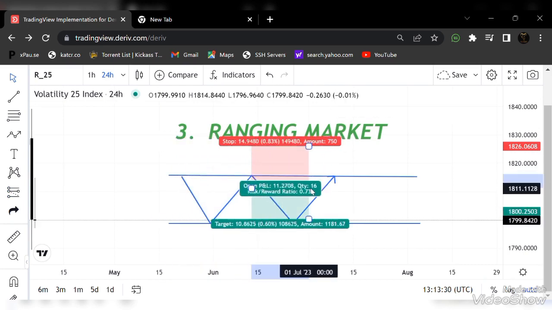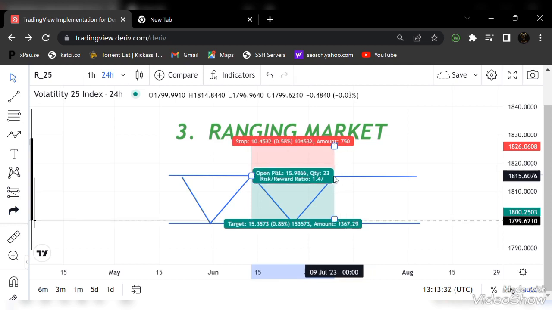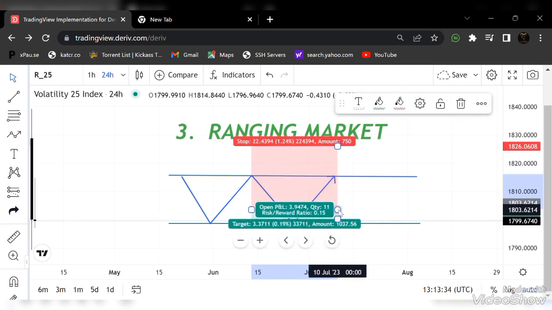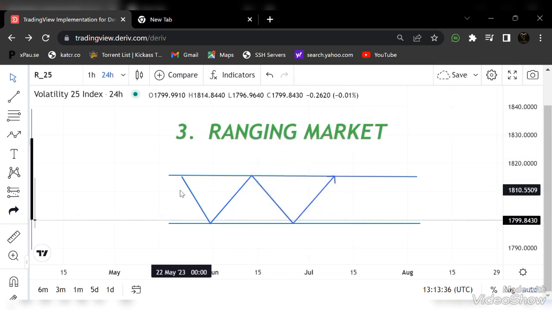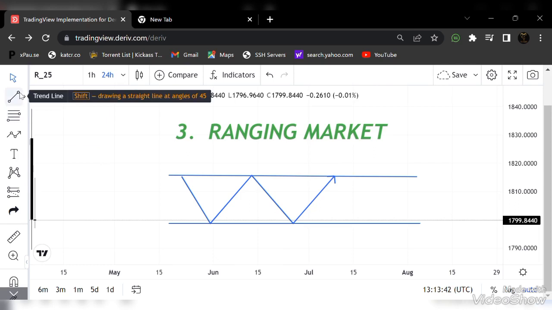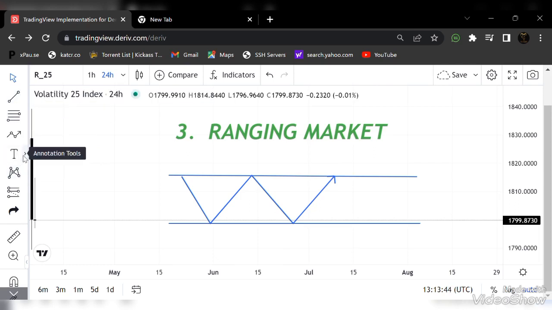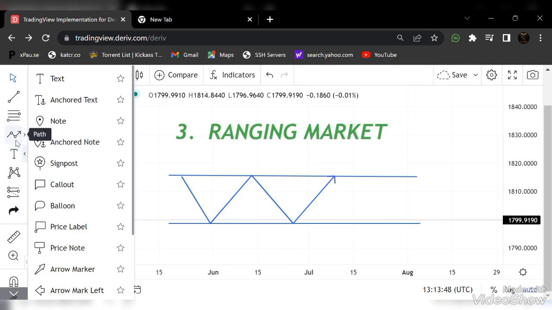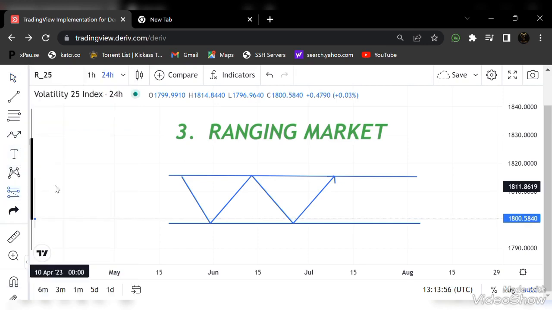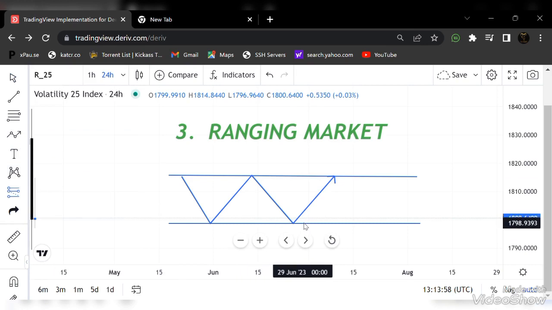And when price reaches the support area, you'll be looking for buys like this.